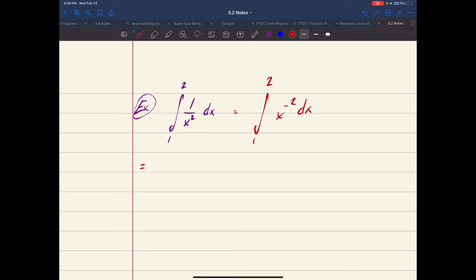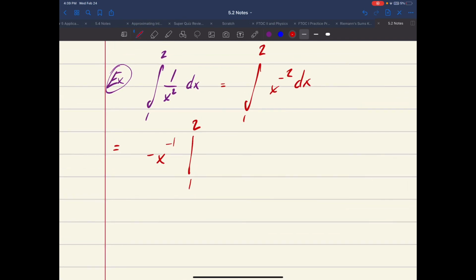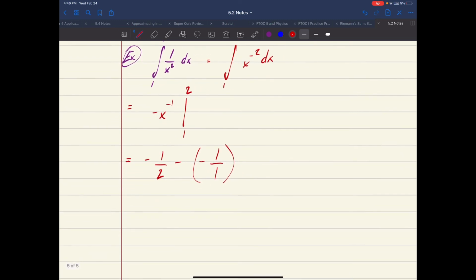Then calculate the antiderivative, which would be -x to the -1 evaluated from 1 to 2. We're going to evaluate, so this would be -1 over 2 minus -1 over 1. So this would equal 1/2.